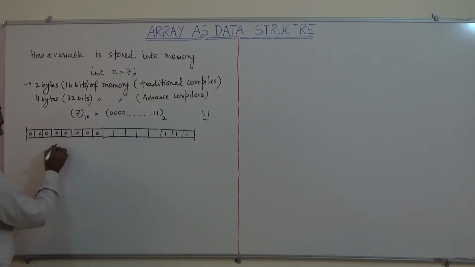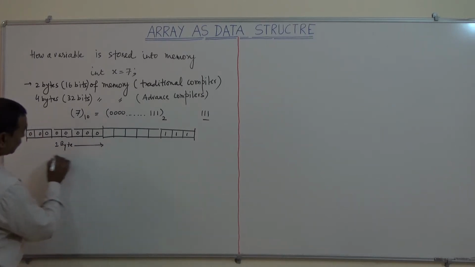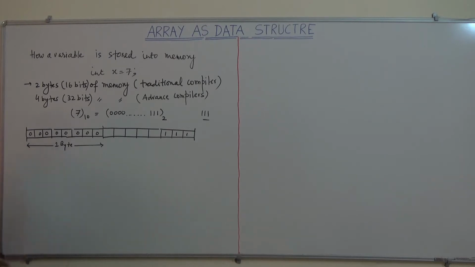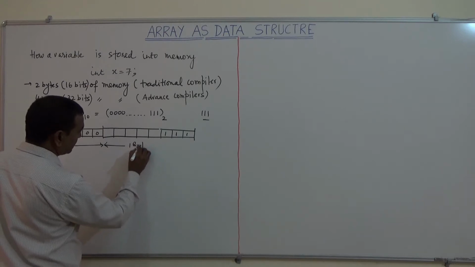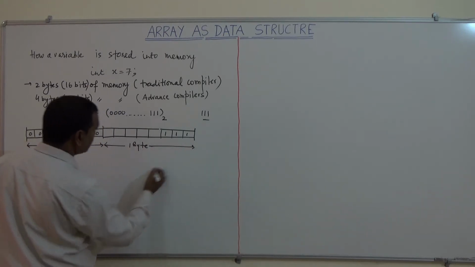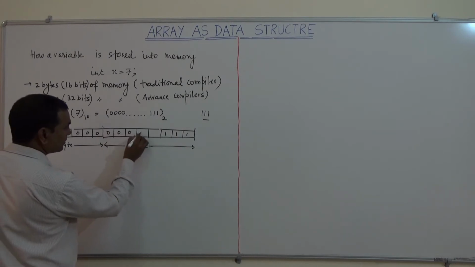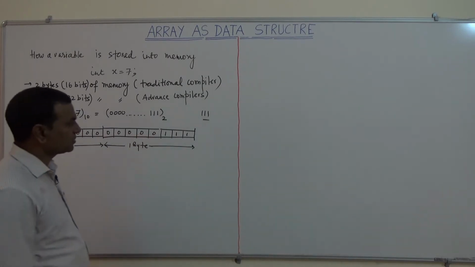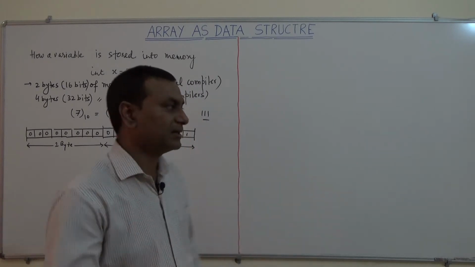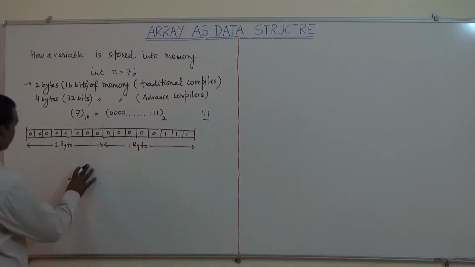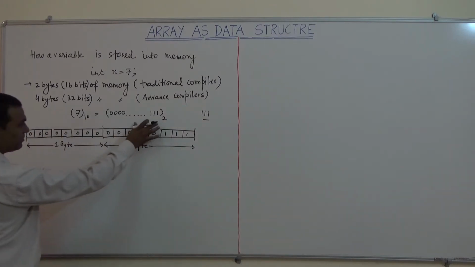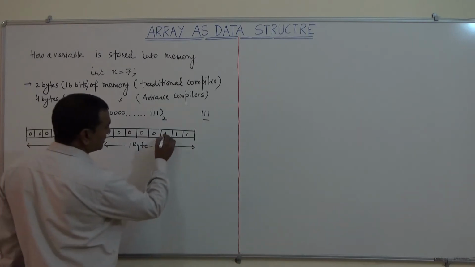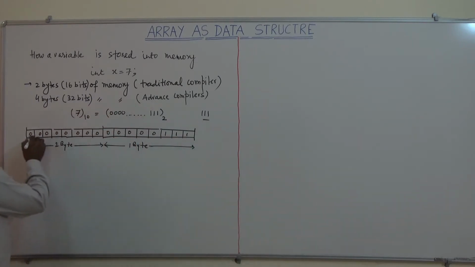This is 1 byte and this is another 1 byte, because it takes 2 bytes of memory, that is why it can be shown in memory like this. So these are the 16 bits, 8 bits and 8 bits, and it can be stored like 1 1 1, and here we can keep 0.